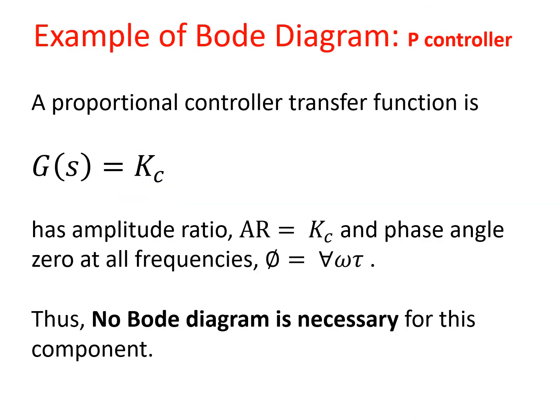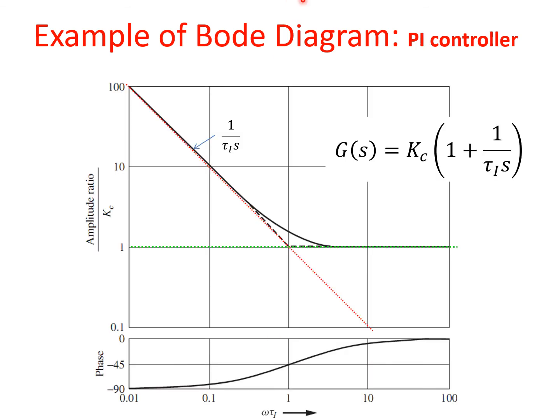And so on. You can plot the transformations of all. For a simple proportional controller, it is just Kc, so the amplitude is just Kc and the phase is 0, so there's nothing to plot here. For a PI controller, this is your transfer function, so you get a low asymptotic plot here and a high asymptotic plot here. This one has a gradient of minus 1 at low frequency, then moves to the high asymptotic plot.